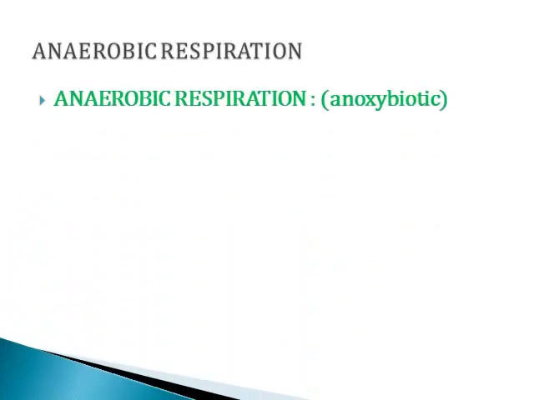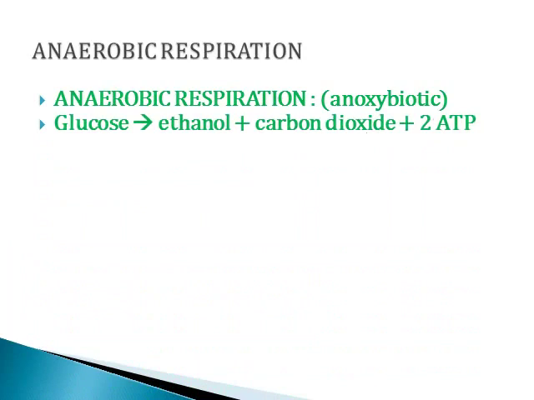Anaerobic respiration is also called anoxybiotic respiration. It clearly says this respiration takes place in the absence of oxygen. The respiration proceeds without using oxygen. So glucose with some enzymes releases ethanol plus carbon dioxide plus ATP molecules, that is 2 ATP molecules.